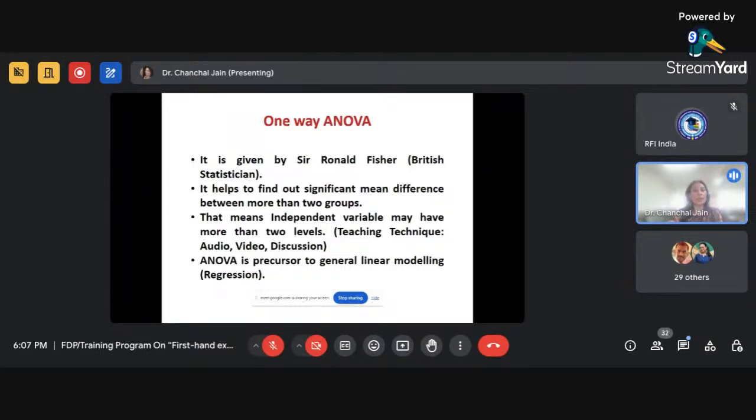So the limitation of the independent sample t-test is that it can only compare two groups or samples. What if we have more than two groups? It is not the capability of the independent sample t-test to compare more than two groups. For that purpose, we have one-way ANOVA. Is it clear to everyone?